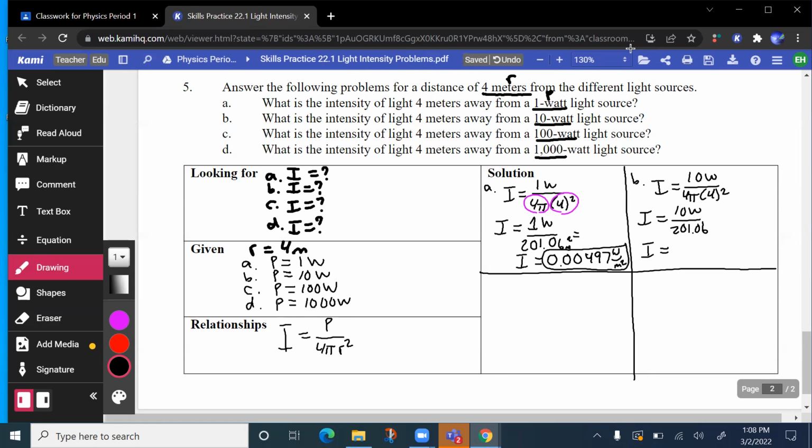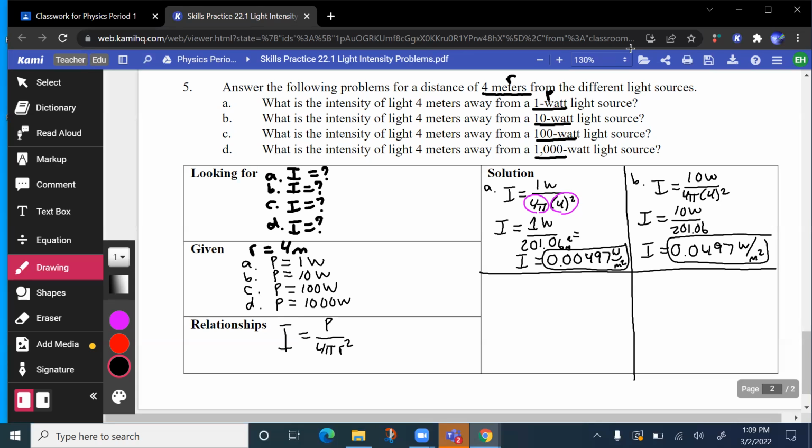What do we have here? 10 divided by 201.06 is now 0.0497 watts per square meter.